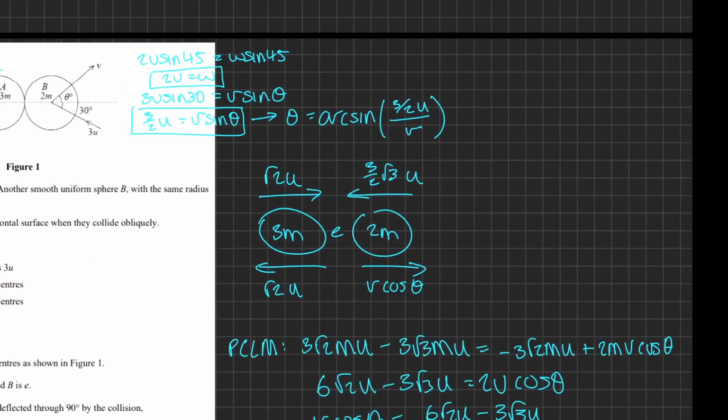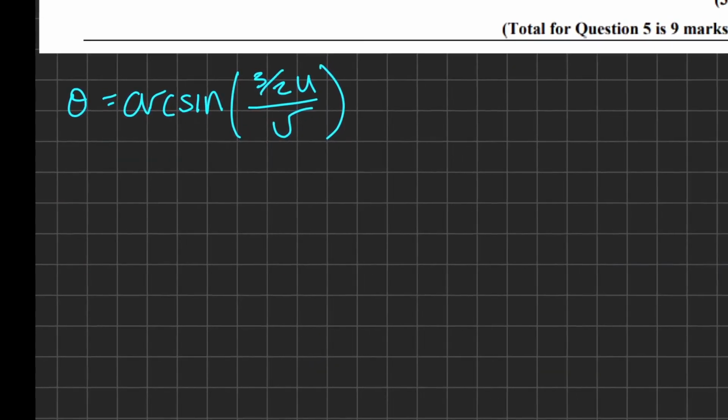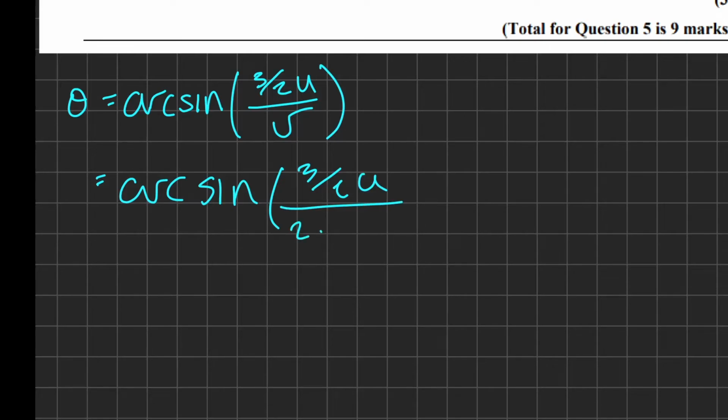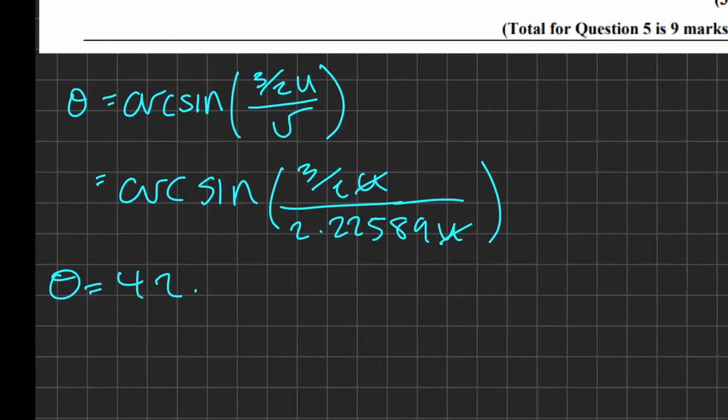Plugging in v, we get theta equals the arc sine of 3 over 2 u over 2.22589u. Obviously the u's are going to cancel because v is in terms of u. When we put that in our calculator, we get that theta equals 42.3678..., which is 42 degrees to the nearest degree.